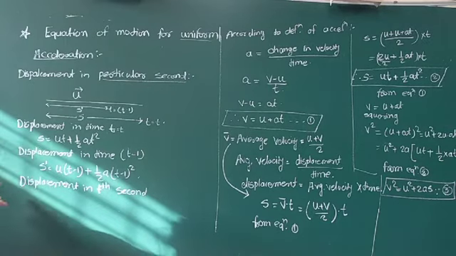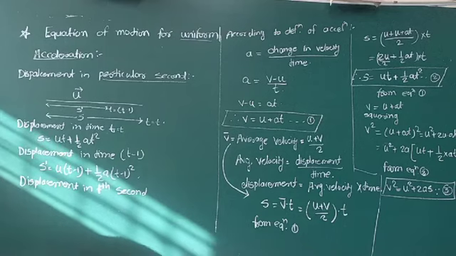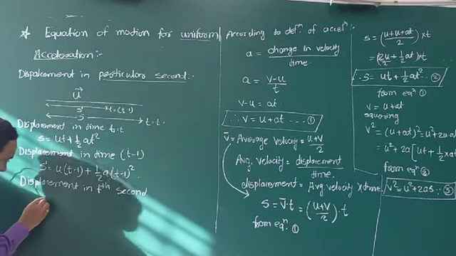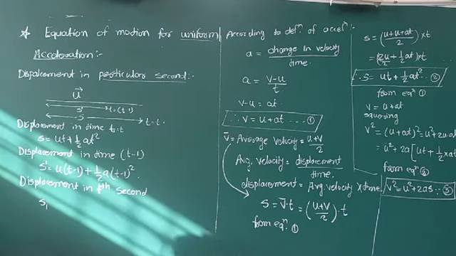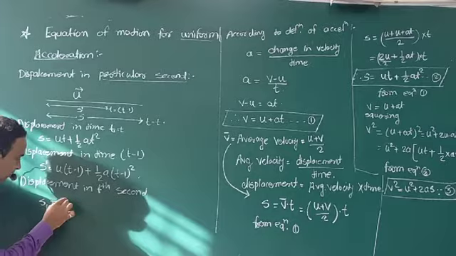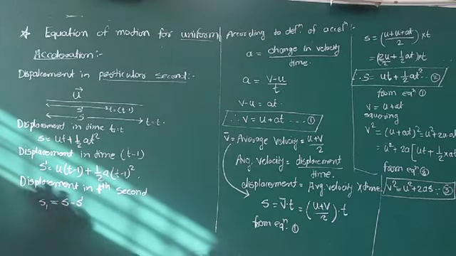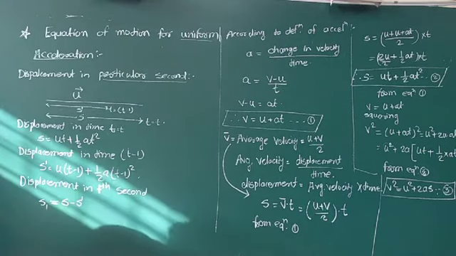Now we want to find the displacement in exactly that time period. So the displacement at a particular time t can be calculated by s_t is equal to s minus s dash. Now substituting the values.